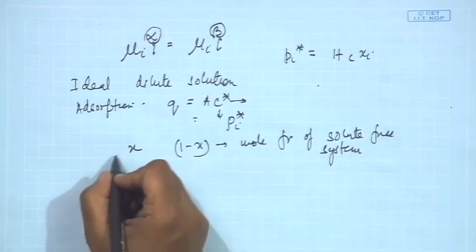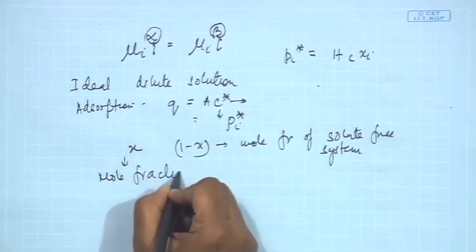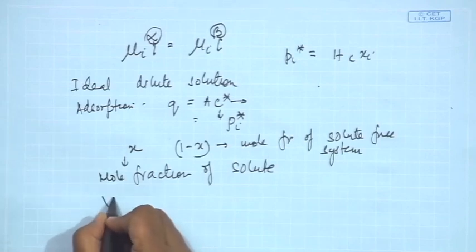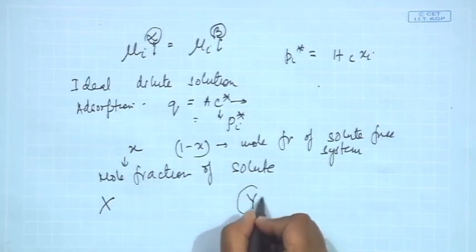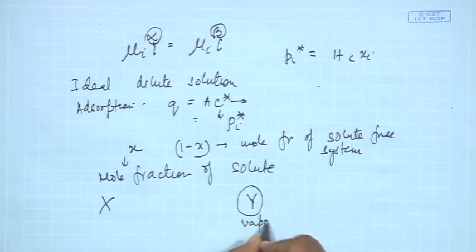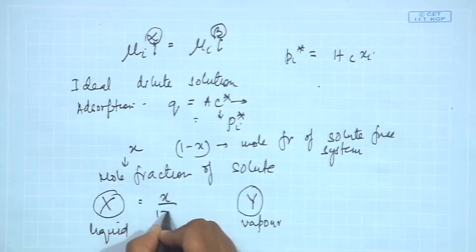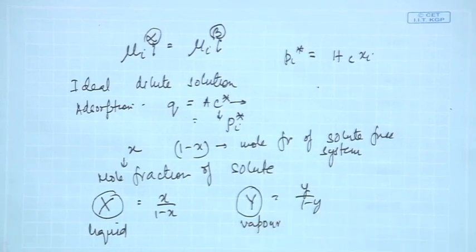The mole ratio is denoted by capital X or capital Y, where capital Y refers to the vapor phase and capital X refers to the liquid phase. They are given as X equals x by 1 minus x, and Y equals y by 1 minus y.